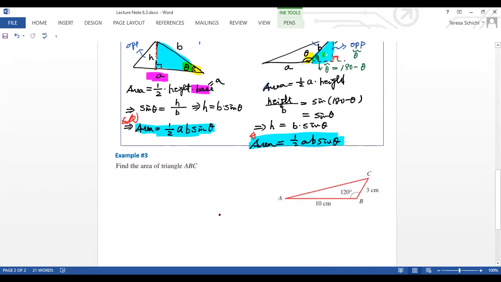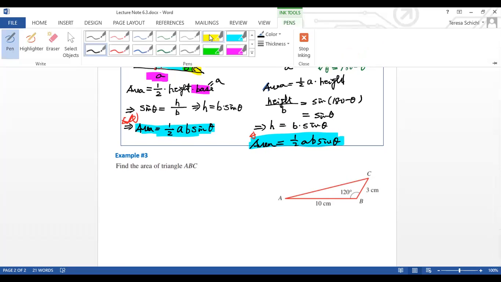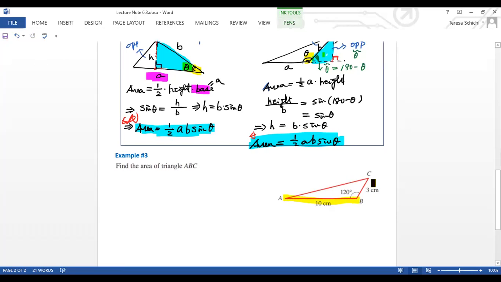We say, try to find the area of the triangle ABC here. Because this is a side, this is a side, and the angle is subtended by these two sides, I know the area is 1/2 times 10 times 3 times sine 120.